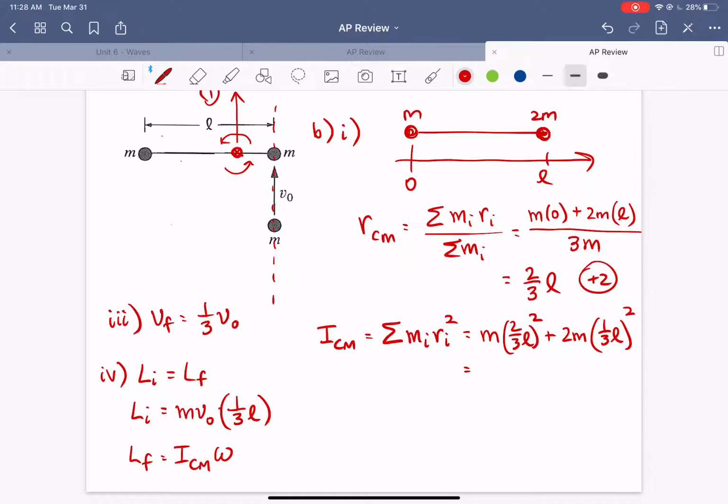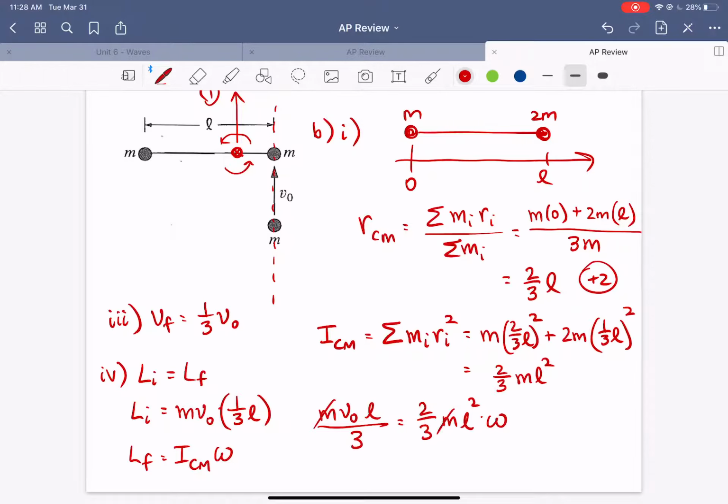All right, so we have to multiply all of that out, and we should get this to simplify to 2/3 mL squared as our moment of inertia. Okay, so omega is what we are actually solving for here. So now we set our initial angular momentum equal to our final angular momentum. So that's our moment of inertia times omega.